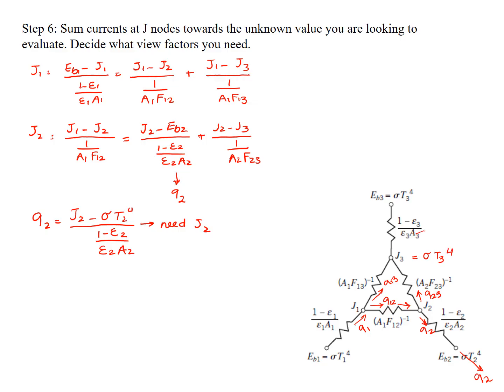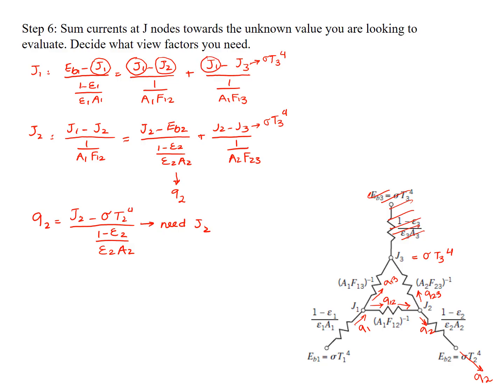So in these relations, instead of J3 I'm going to just say this is the Stefan-Boltzmann constant times T3 to the power 4. So that is known. Same here, that is known. So I'm going to circle the things that are unknown. J1 is unknown. J2 is unknown.